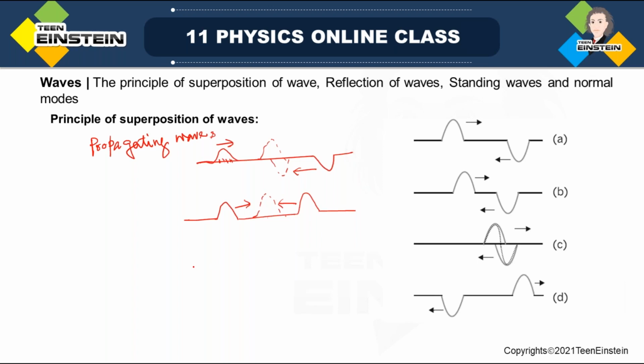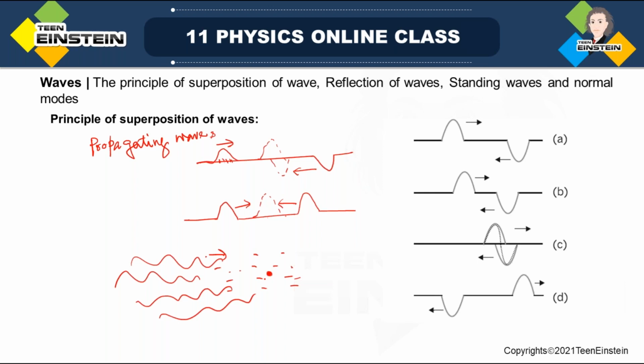That means at any medium, suppose I have some medium and there are a number of waves traveling in the same direction with same amplitudes, same angular frequency, and propagating in the same direction in the medium, and somehow they meet or they just pass through simultaneously.